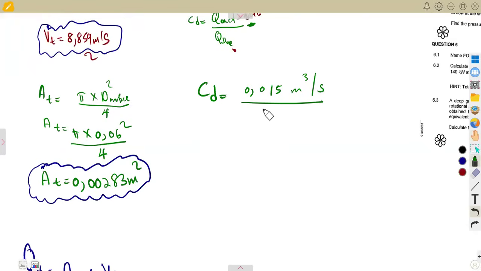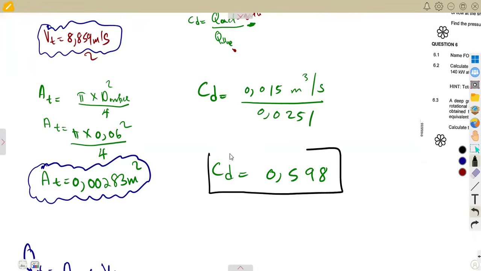Dividing this, we obtain the coefficient of delivery or discharge of 0.598. All right, so that was our question there.